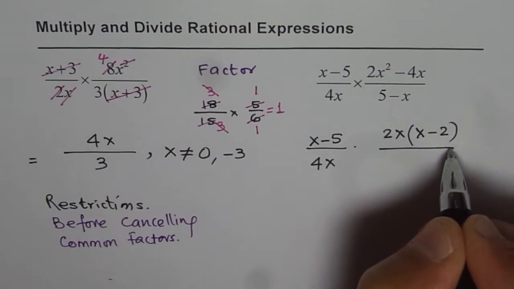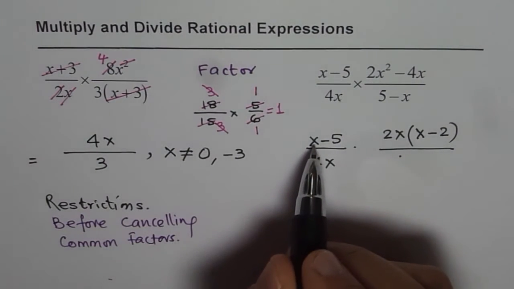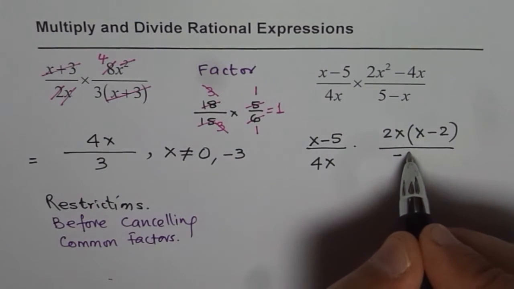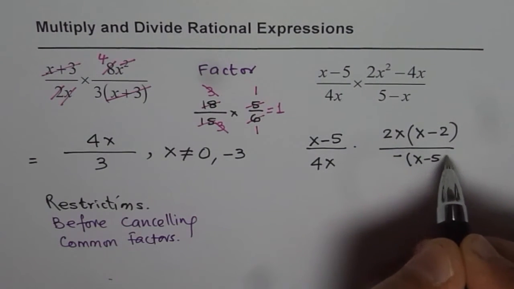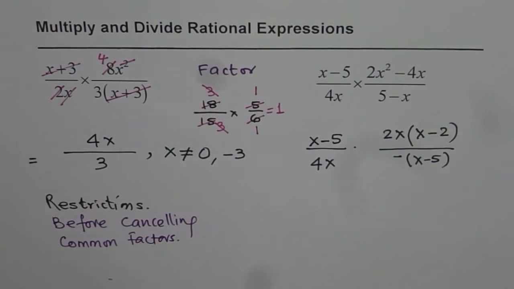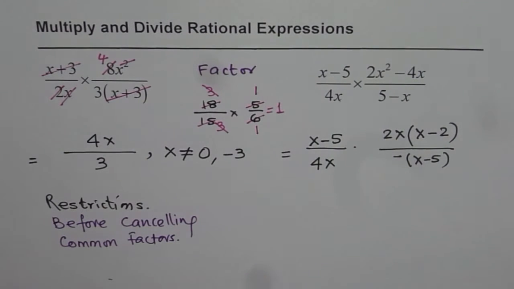And in the denominator, we have 5 minus x. We could write this as minus of (x minus 5). Minus of (x minus 5) is the same as 5 minus x.